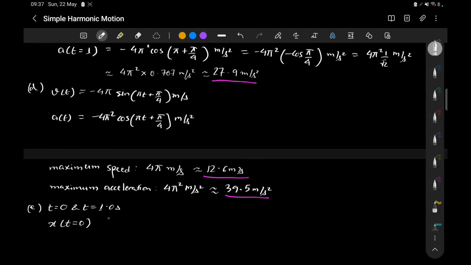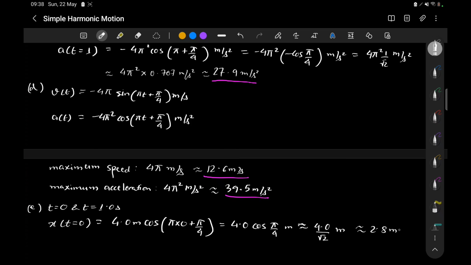This comes out to be roughly 2.83 meters.